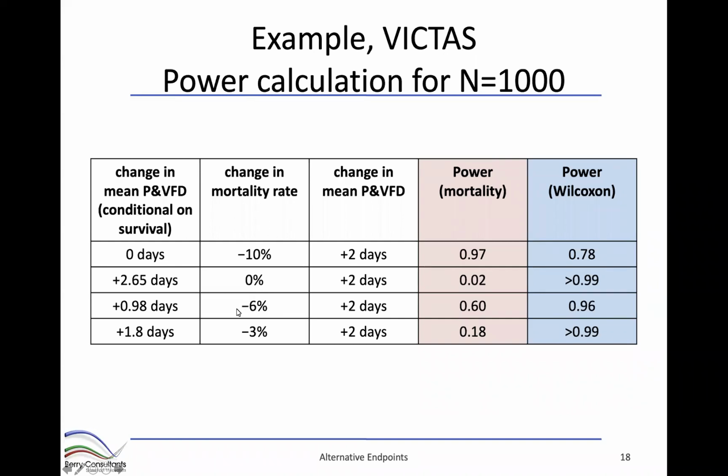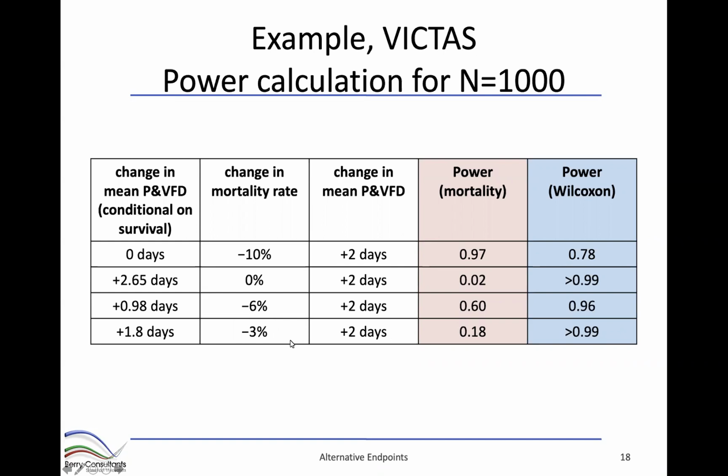Similarly, if you have a combination, so this is a situation where mortality is changed by 3 or 6%, and the remainder of the effect is among the survivors, so that again you still have this particular split, then the power is much higher for doing this rank test.